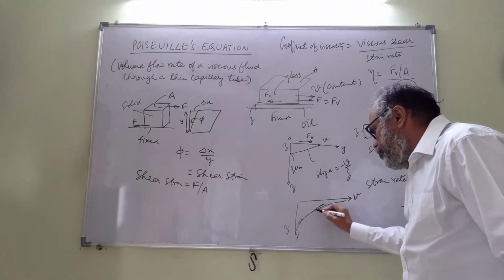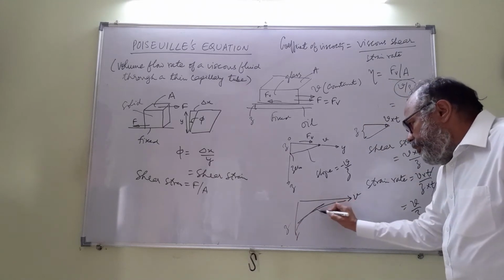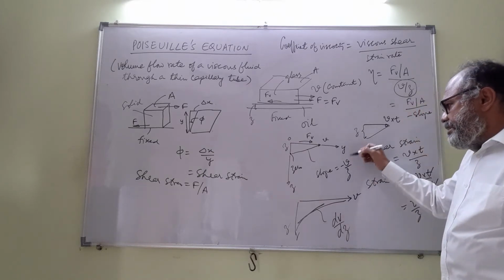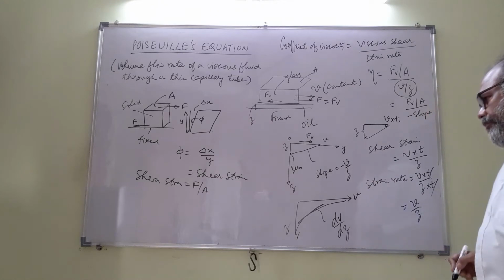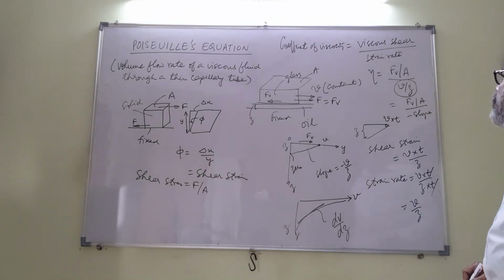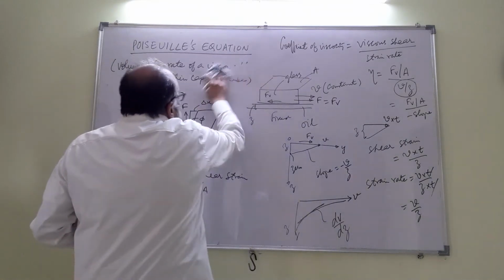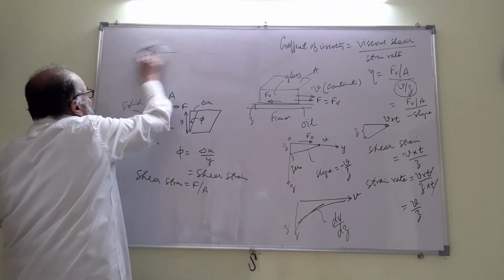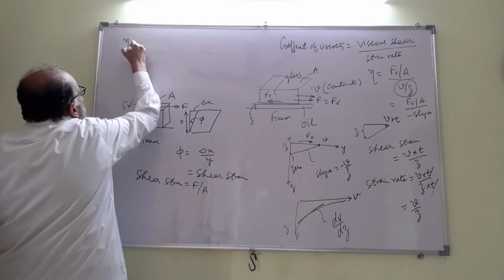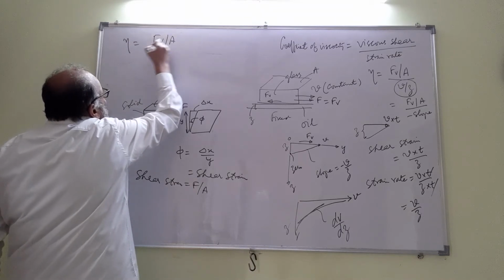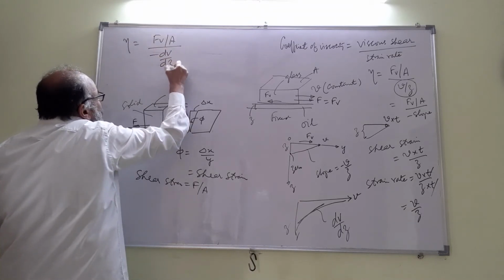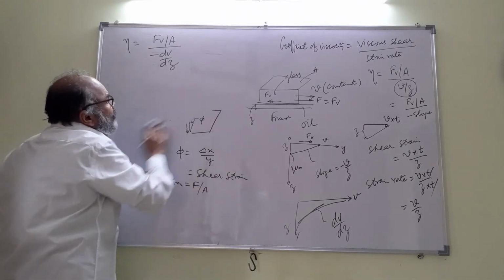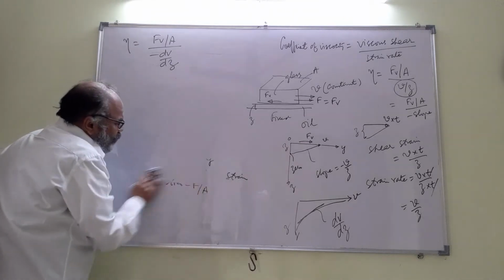Then the slope is a variable, and the slope will be given by dV by dz instead of V by Z. So then the coefficient of viscosity can be written as Fv by A divided by minus dV by dz. That is how we define the coefficient of viscosity.